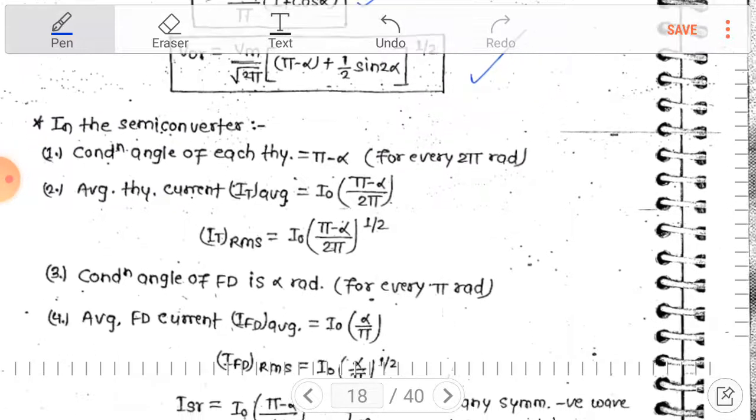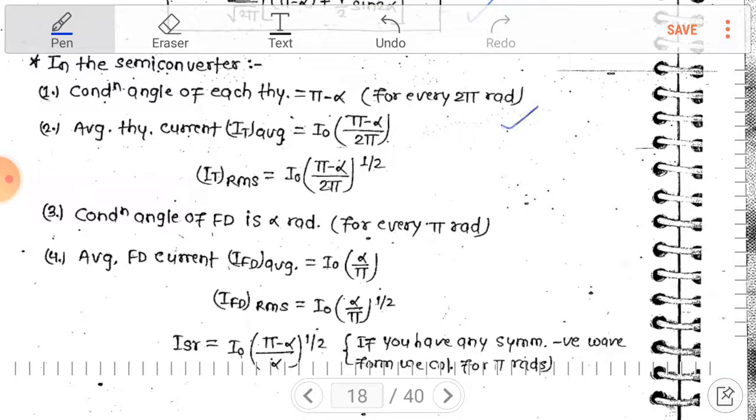In the semi converter, the conduction angle of each thyristor is pi minus alpha for every 2 pi radian, and the average thyristor current is I naught into pi minus alpha by 2 pi. Since we assume it is a highly inductive load, I naught is constant.